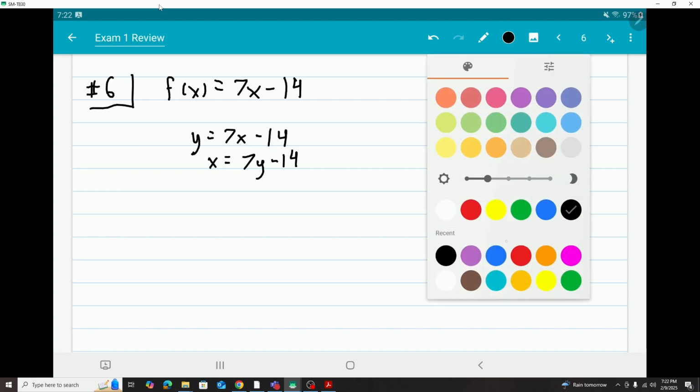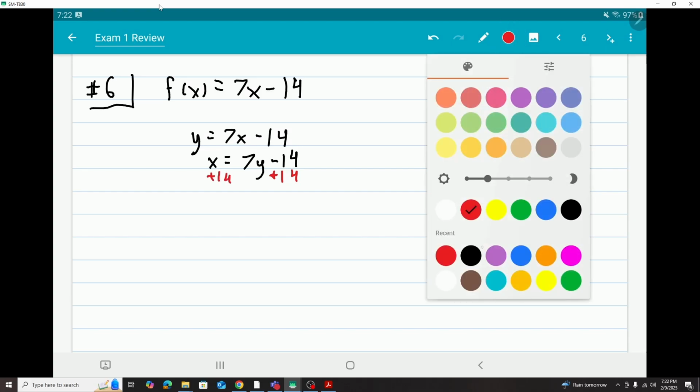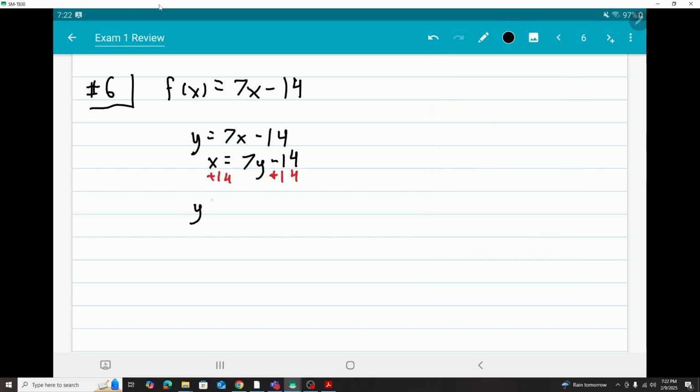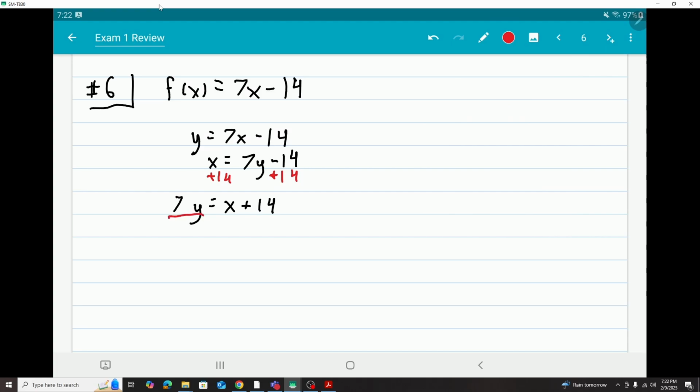So I'm going to solve this for y then. I add 14 to both sides, and so we get 7y is equal to x plus 14. Then I simply divide both sides by 7, and I get my answer of y is equal to x plus 14 divided by the 7.